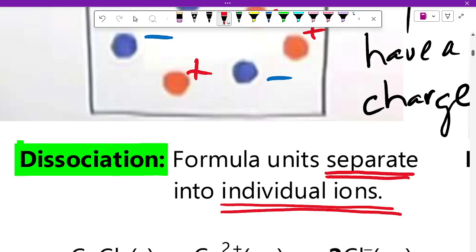Anyone know that term? Anyone familiar with that term at all? No? It's been a long time. It's okay. I know if you were in my class, we did use it, but it has been a long time. A formula unit is a single unit of an ionic compound.